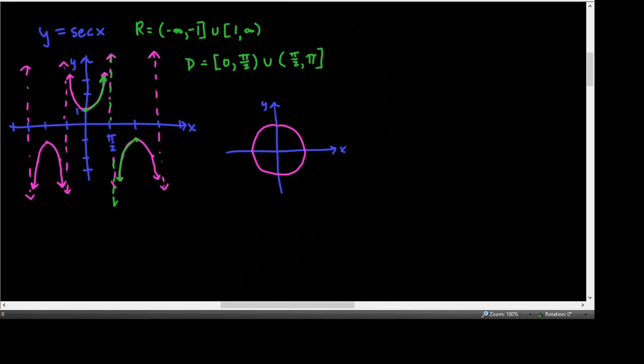The range that we'll get for arc secant or secant inverse will be from 0, including 0, to pi over 2, not including pi over 2, then from pi over 2 to pi, including pi.